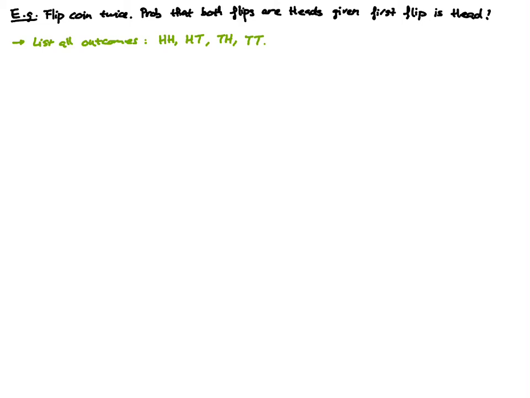So now let me define my event A as the event where the first flip is a head, and event B is the event where both flips are heads.